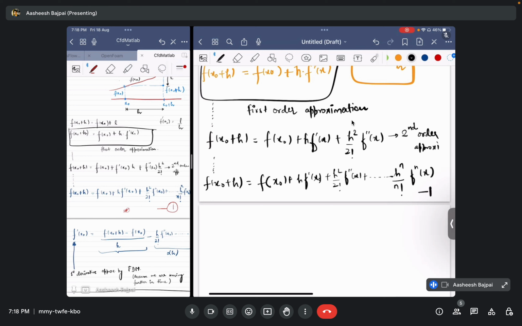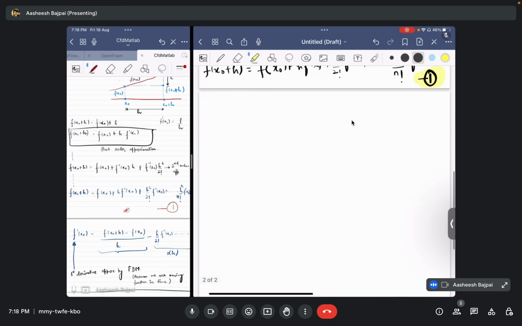So this is equation number 1. I have marked down equation number 1.